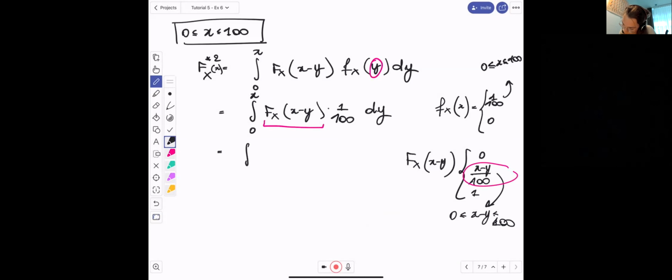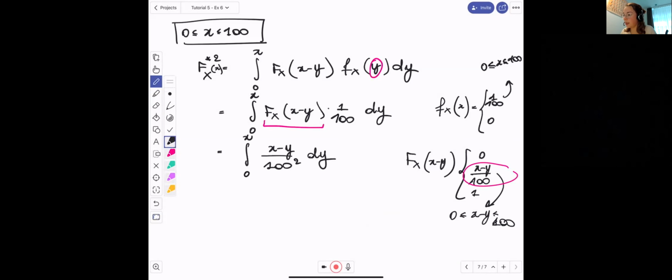So we're actually in a situation where we can use this part of the cumulative distribution function. If we write this down, we have the integral from 0 to x of (x minus y) divided by 100, times 1 over 100, dy.